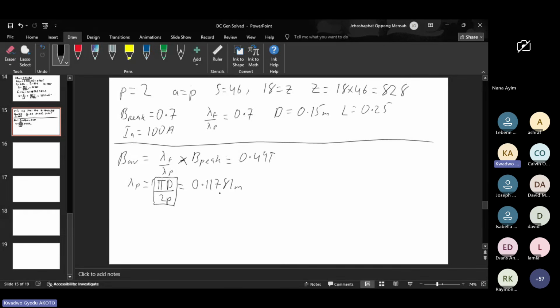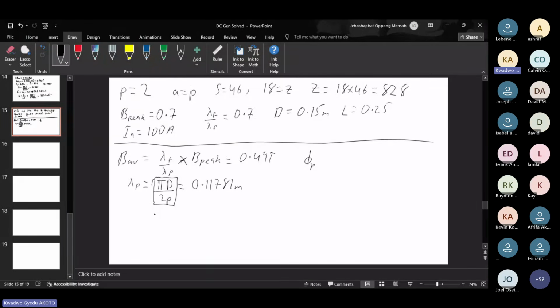All this that we are doing, we are just trying to find flux, right? Flux per pole, phi p. So we are going to use this to find the area per pole. I'm coming, we'll get there. You are going to see what I do real quick.